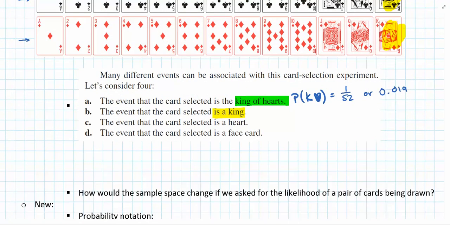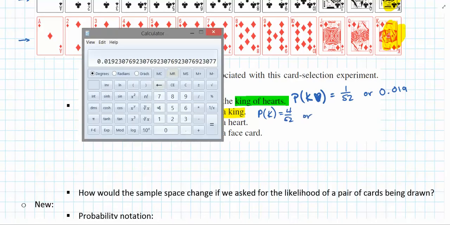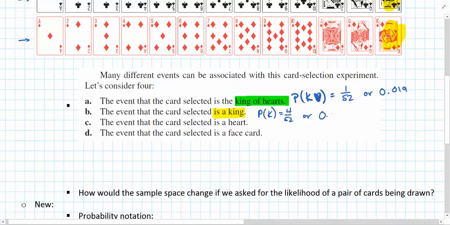So the probability of picking just a king in general is 4 out of 52, or 4 divided by 52. This is a likelihood of 0.077, due to rounding.